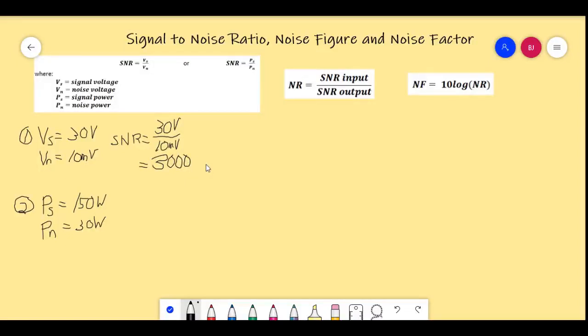Now, if we are to represent this in decibels, as this is voltage, you can remember from our computation and representation of gain and losses in decibels. When we use voltage, we use the formula 20 logarithm. So we have to put in 20 logarithm of our 3,000 here.